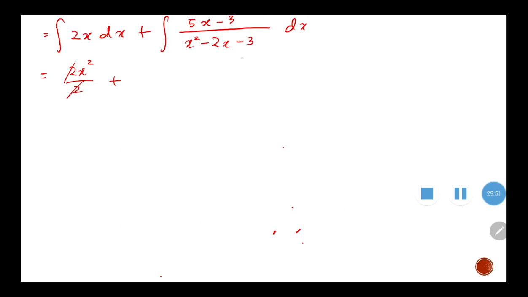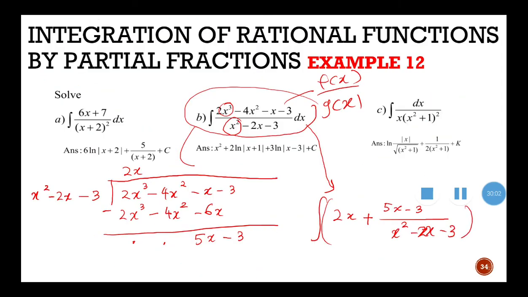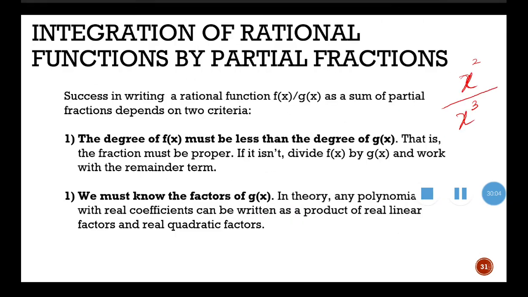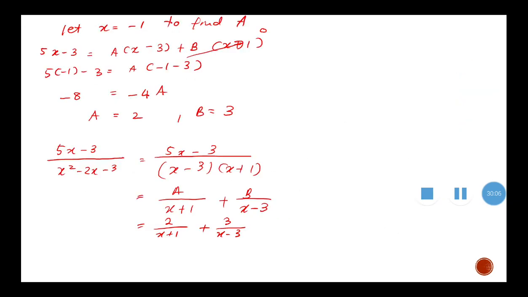Have we come across this equation before? 5x minus 3 over x squared minus 2x minus 3. Do you remember? We have done this, right? Is it the same? Yes, it is.